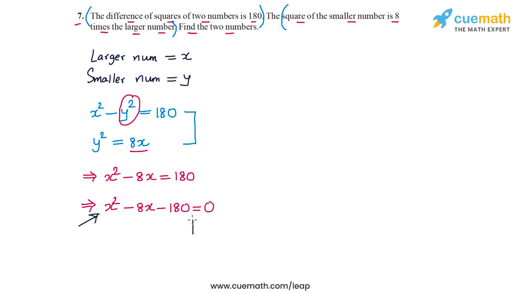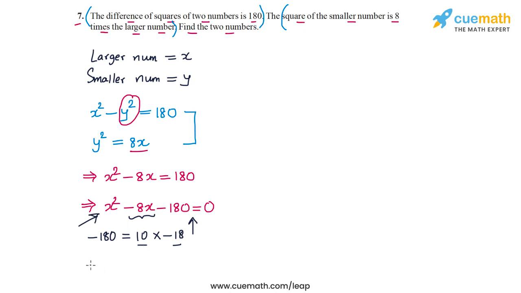To solve this equation, I can either factorize this quadratic expression, or I can complete the square, or I can use the quadratic formula. Let me factorize the quadratic expression on the left side by splitting the middle term minus 8x. I note that minus 180 is equal to 10 into minus 18, and also 10 plus minus 18 is equal to minus 8.